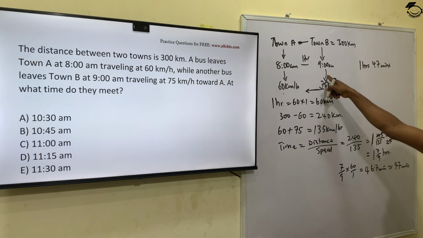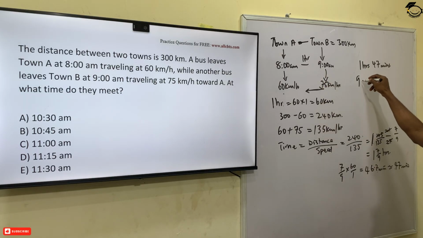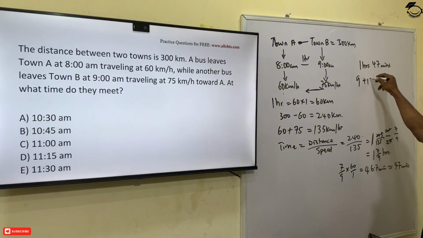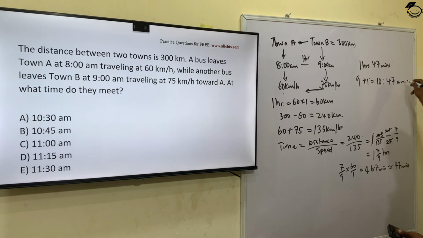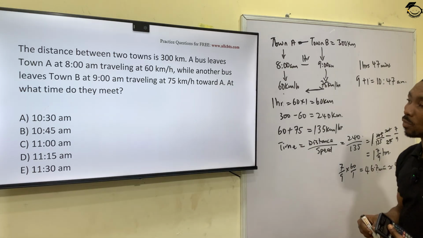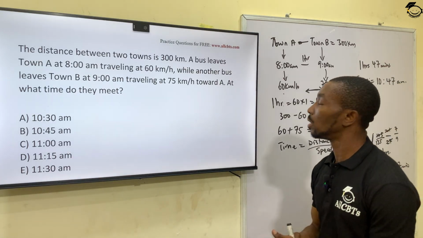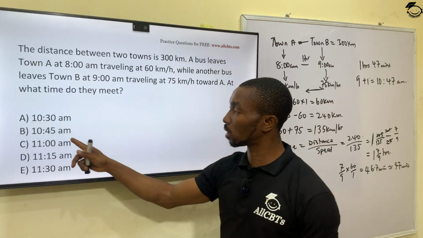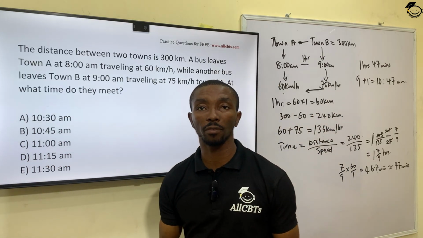So if bus B's time starts at 9, plus 1 hour 47 minutes will give us 10:47 a.m. So by 10:47 a.m., the two buses should have met at a constant speed. So the closest answer there will be option B, 10:45 a.m.